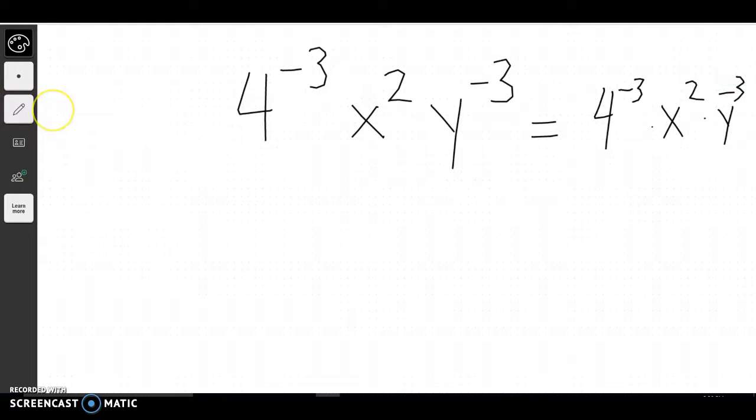Since they're not attached, we are just going to see what 4 to the negative third is. Well, we've done that before, which is 64 on the bottom. X squared, I can't really simplify that anymore. And y to the negative third is going to be dividing by y three times, and then I will get that.